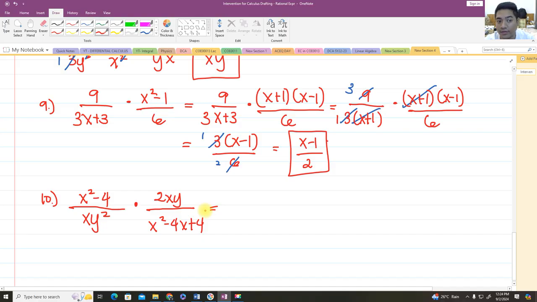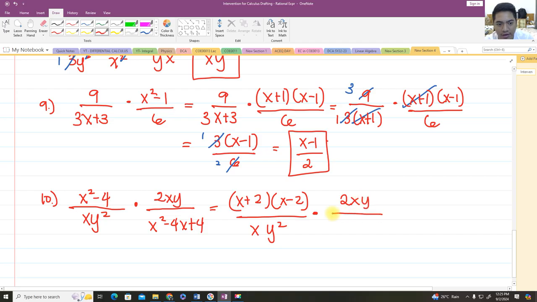First factor: you have x plus 2 times x minus 2 on the numerator here. Then xy squared multiplied by 2xy, nothing to factor here. The factored form of the perfect square trinomial would be x minus 2 and x minus 2, or x minus 2 squared.